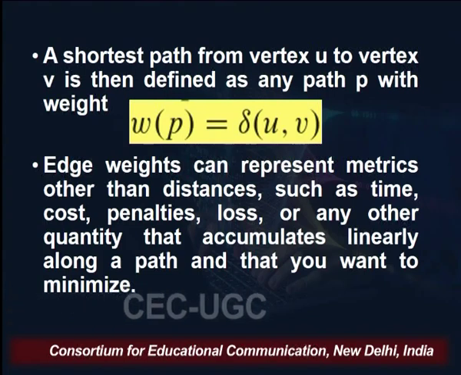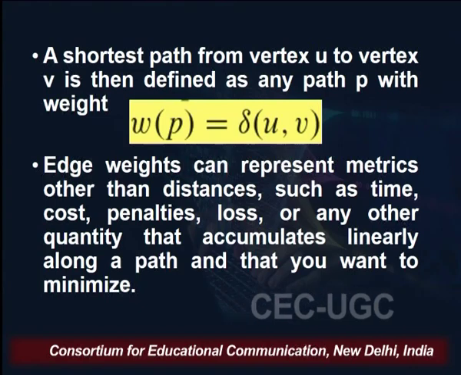Now, when we talk about these edge weights, why are these weights there, why are these edges being mapped into real value weights? Because these weights can represent so many things.